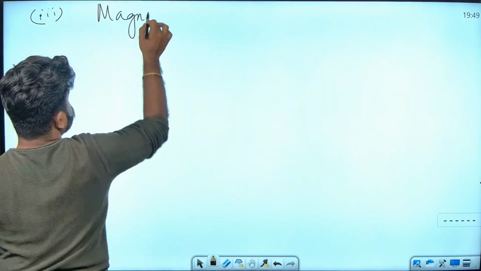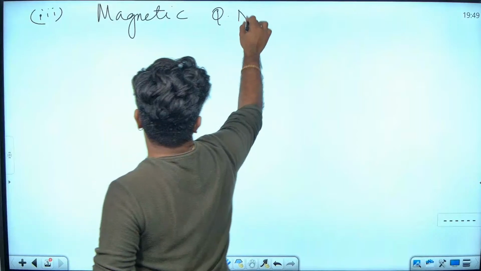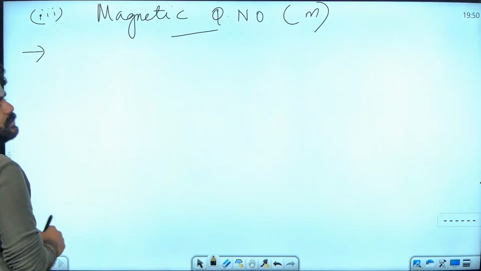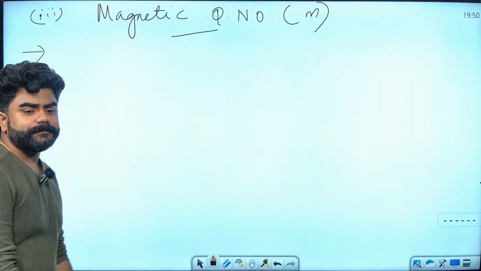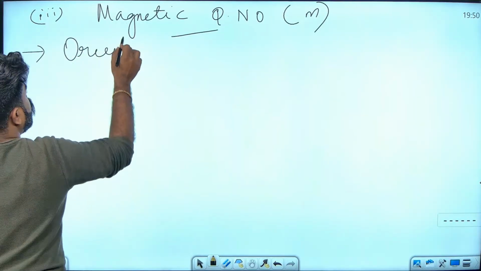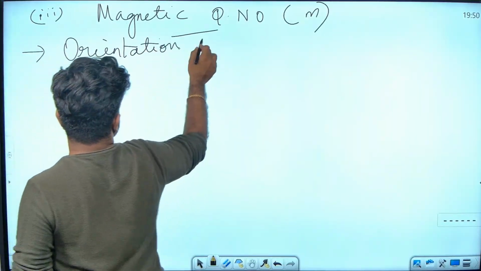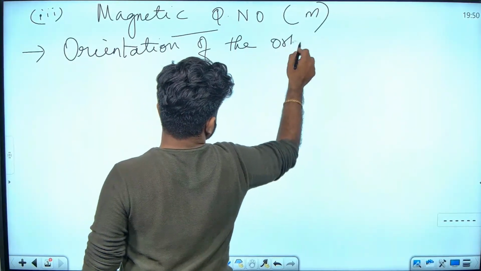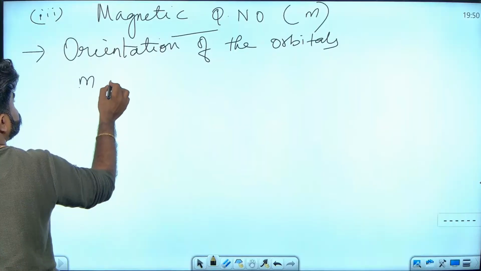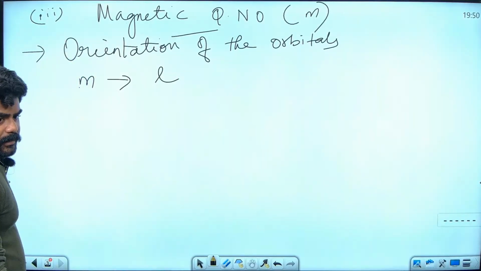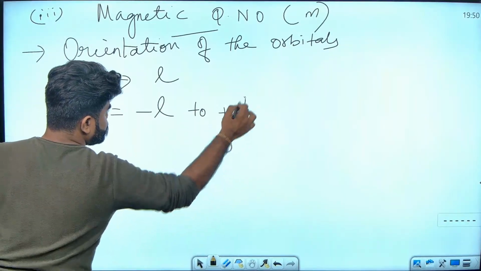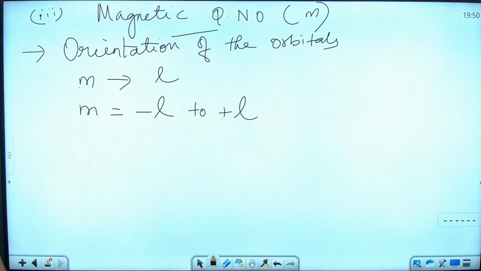Magnetic quantum number, given by the letter M. It shows the orientation of the orbitals. M depends on L, so M ranges from minus L to plus L, including 0.